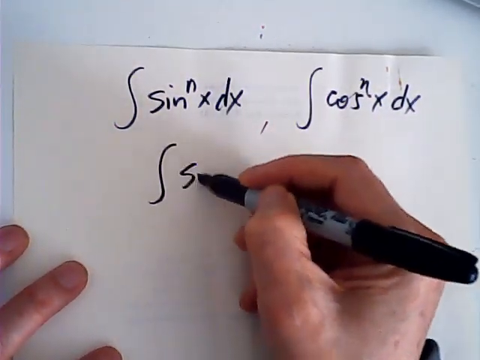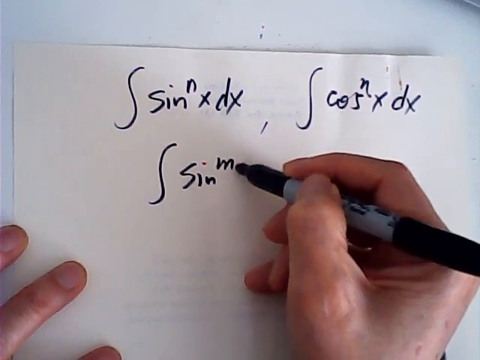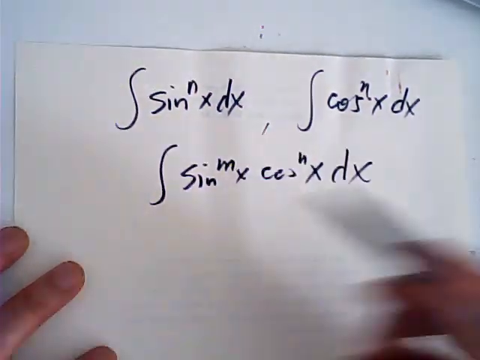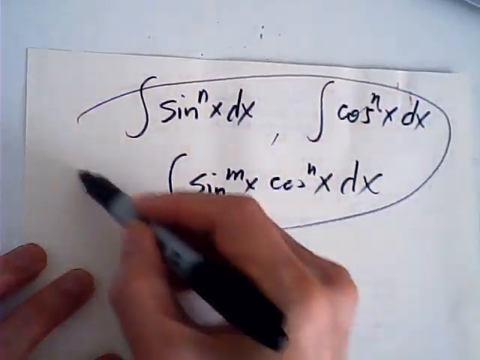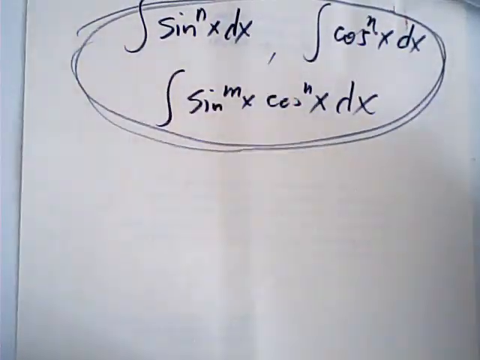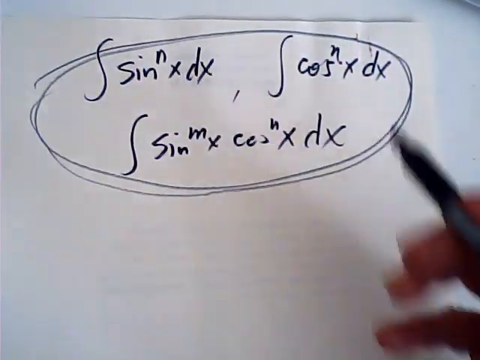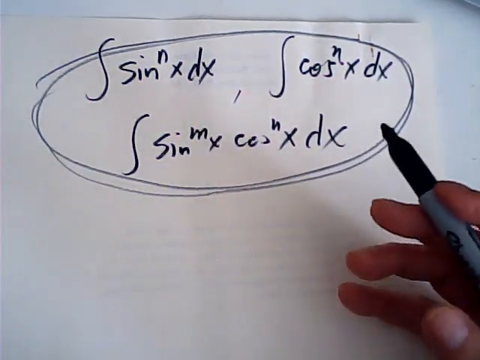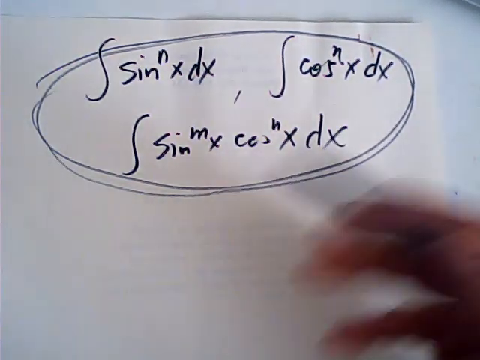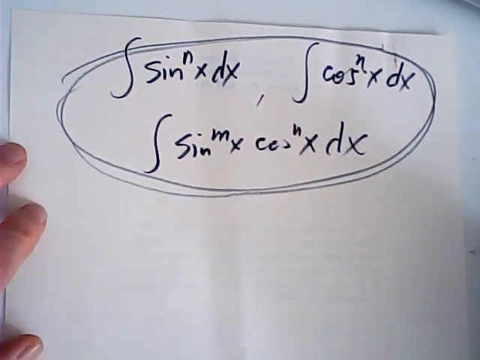And the combination of sine and cosine together. So these integrals can be done nicely. At least you have a general idea how to deal with them, right? Reduce the power or change the structure.